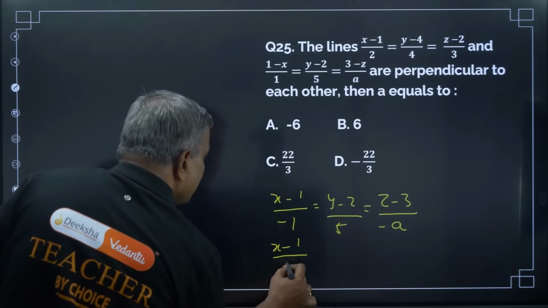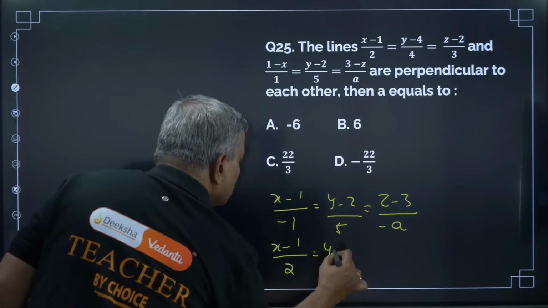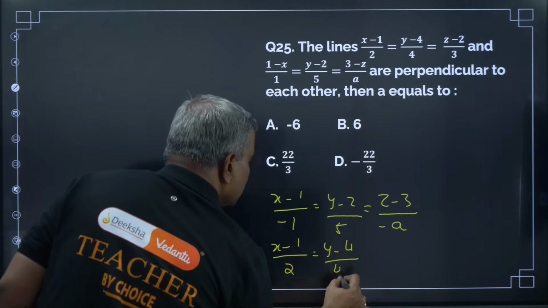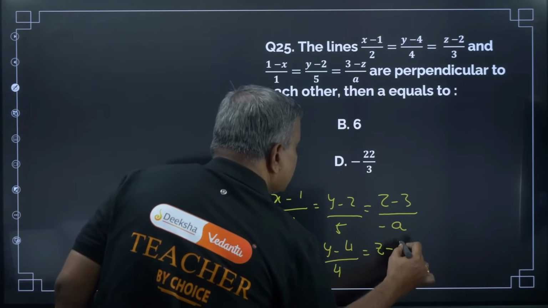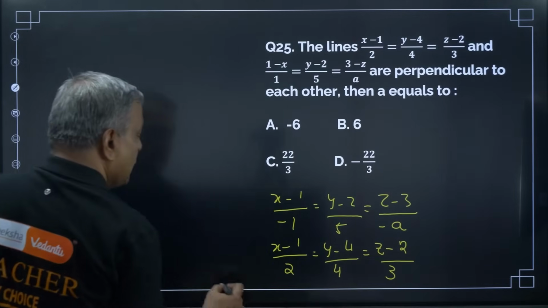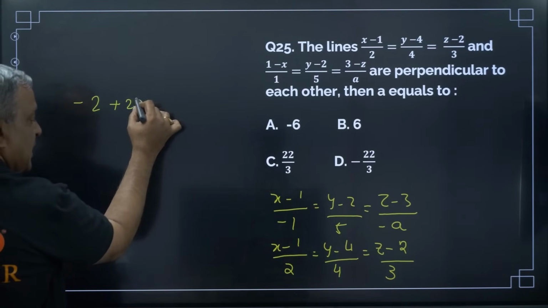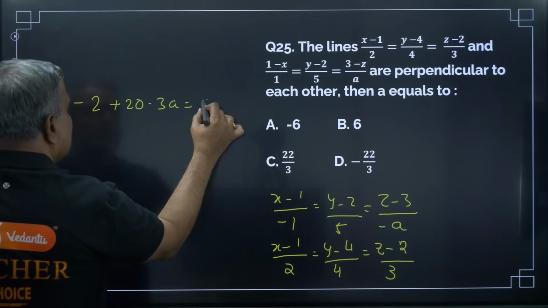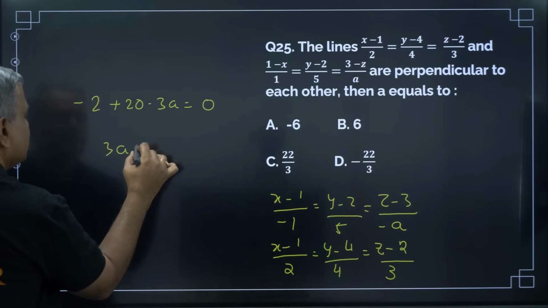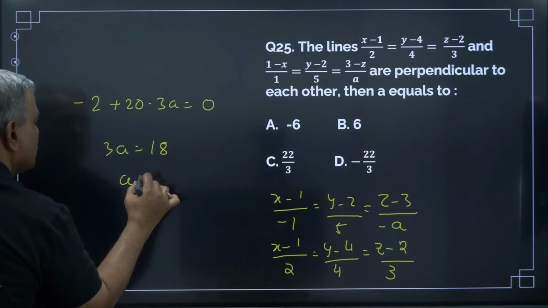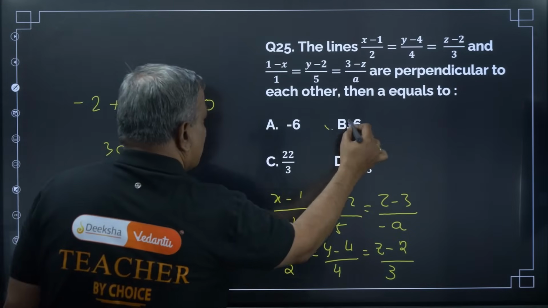You observe and then do it. Is equal to y minus 4 by 4 is equal to z minus 2 by 3. Now you apply. So minus 2, 5 fours are 20, minus 3a equal to 0, or 3a is equal to 18, a equal to 6. Option B.